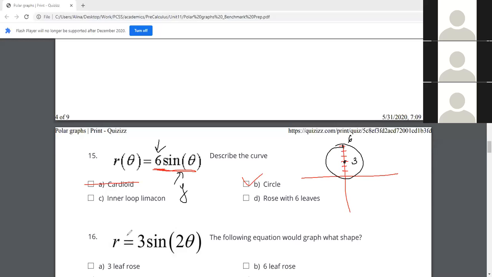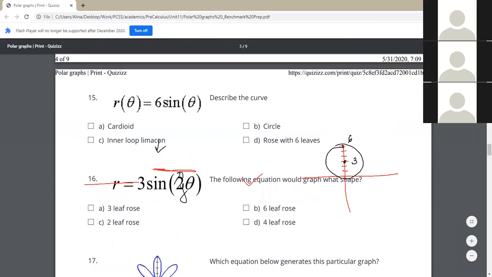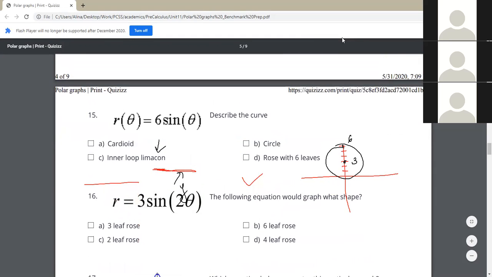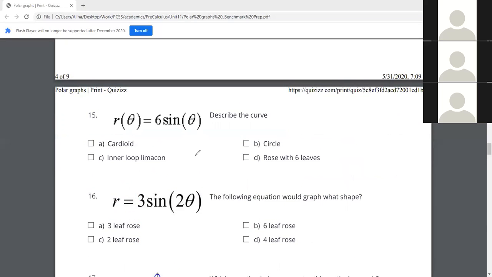That's fine. Next one, r equals 3 sine of 2 theta. All right, can anyone tell me what that is? How about Jeremy? What is 16?